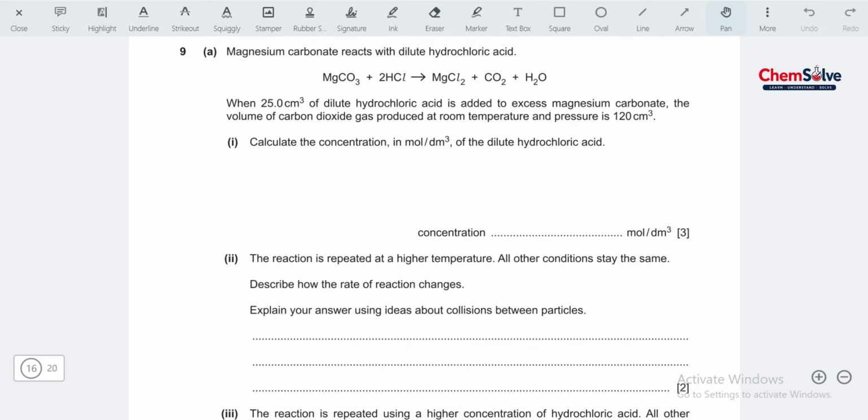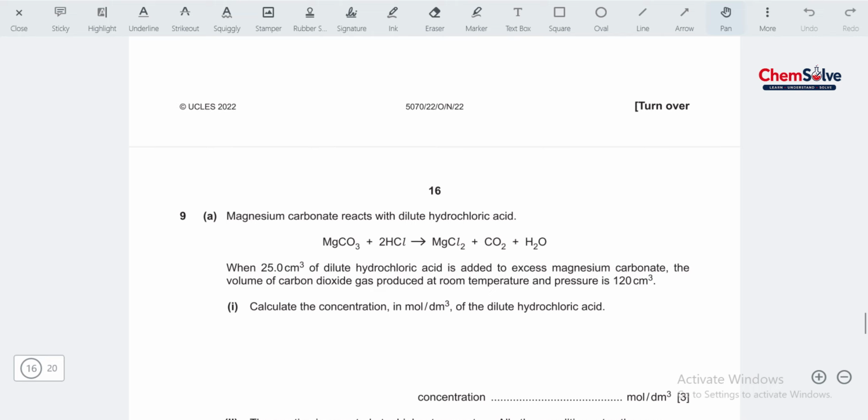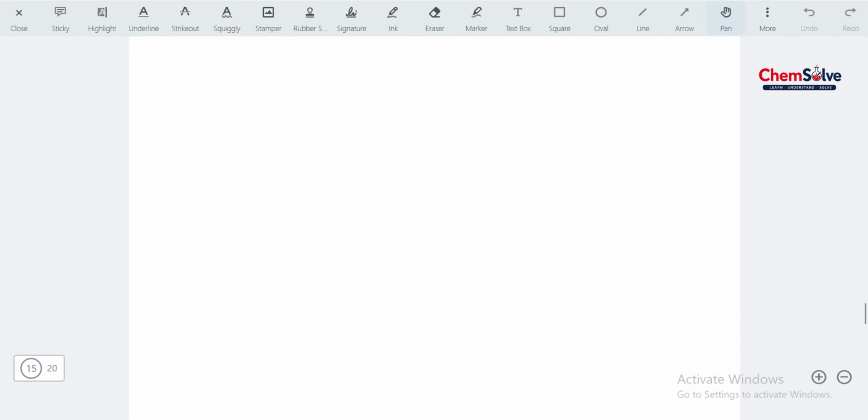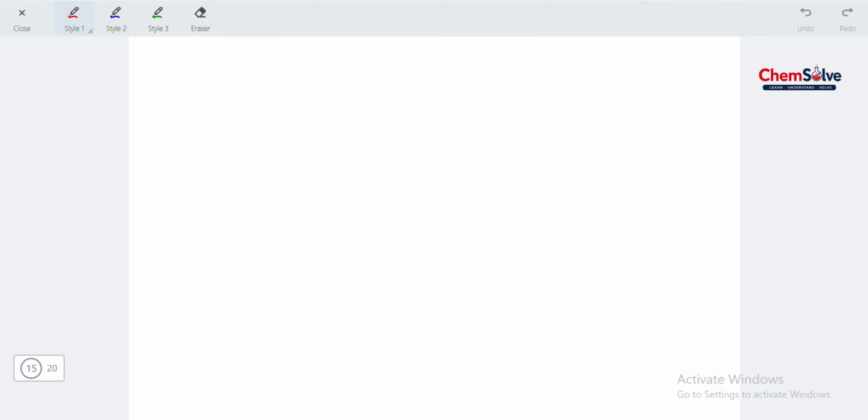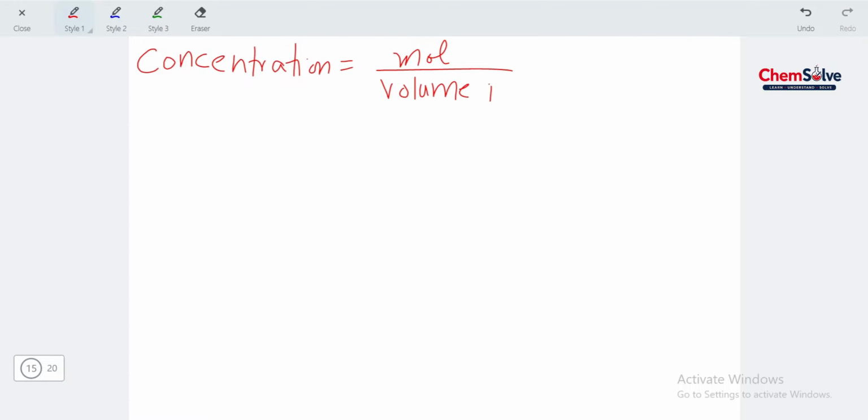As I say, no complicated calculation is involved in the formula. We just have to use a simple formula, and the formula is concentration is equal to mole over volume in dm³.